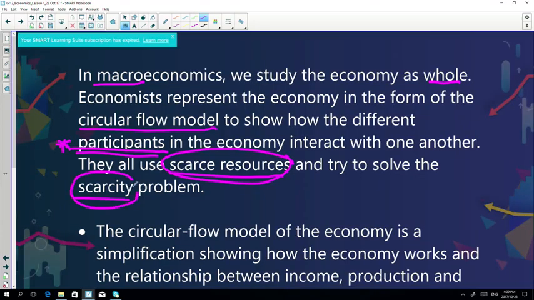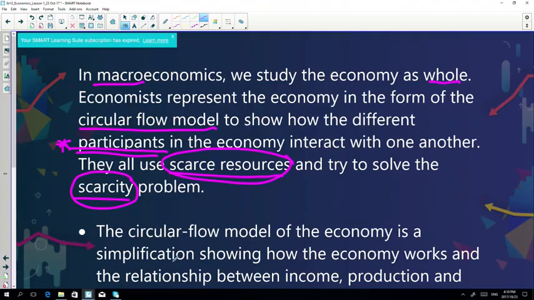So now decisions have to be made on how to allocate these resources in order to make sure that we address the problem of scarcity. Okay, so economics, remember, it's all about what can we do to address the problem of scarcity, because we have limited resources that we need to allocate to the different participants in order to address this particular problem of scarcity.